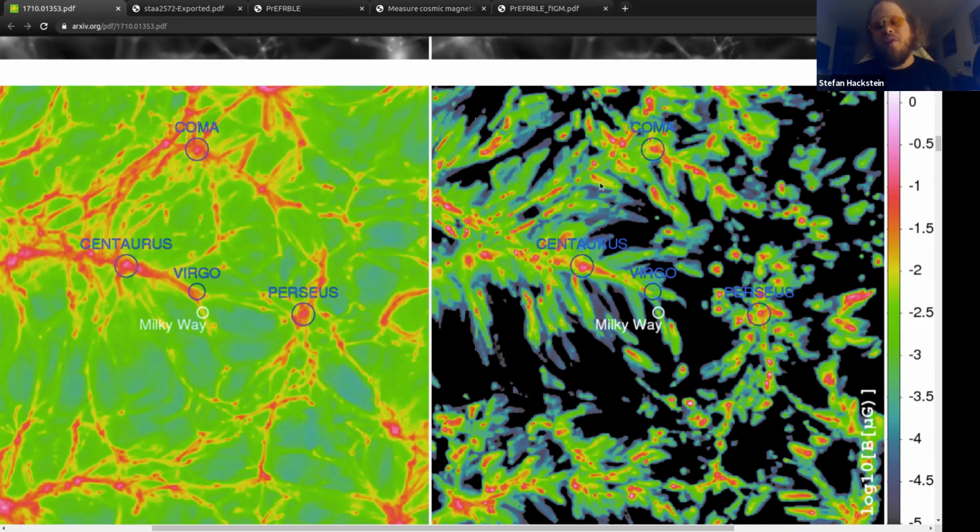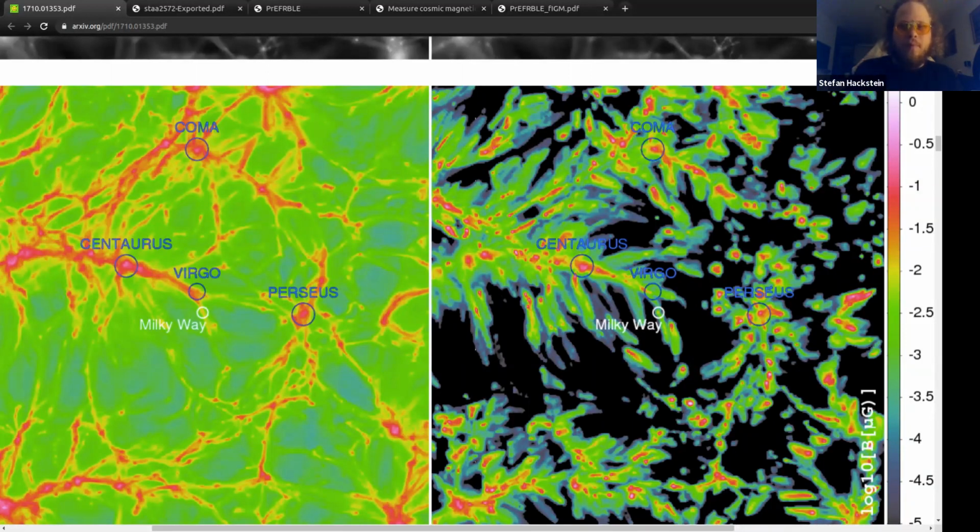This is opposed to the right part, where we assume that the first magnetic fields were produced by astrophysical scenarios, by the first stars and galaxies that formed, which then expanded their magnetic fields out into the universe. In the latter case, the voids and low-density universe will contain much, much less magnetic field.